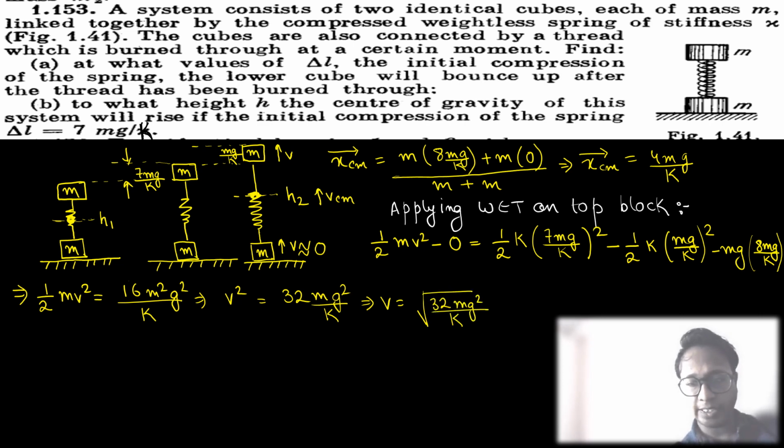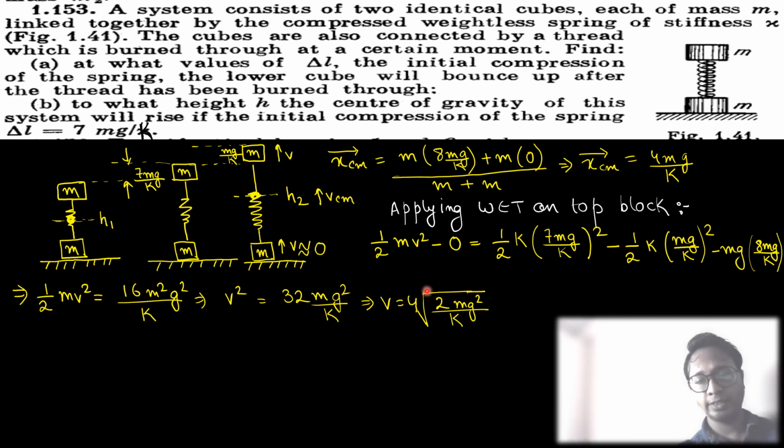Now 32 is not exactly square rootable, so 16 into 2 is 32. If you take 16 outside the square root, it becomes 4, so 4 root 2. Understood?